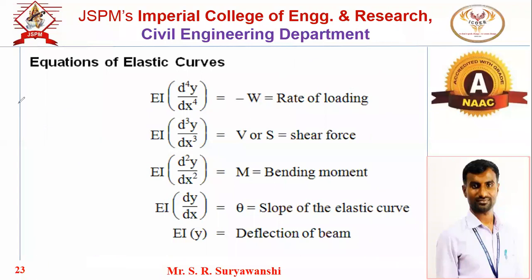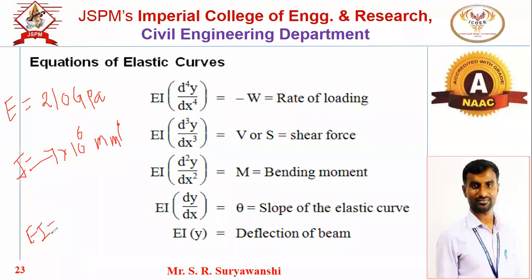Okay, now if you have a calculation, I will give one value. If E is 210 GPa, okay, 210 GPa, and I is 7 into 10 to the power 6 mm⁴, so what is EI in kilonewton into meter square?